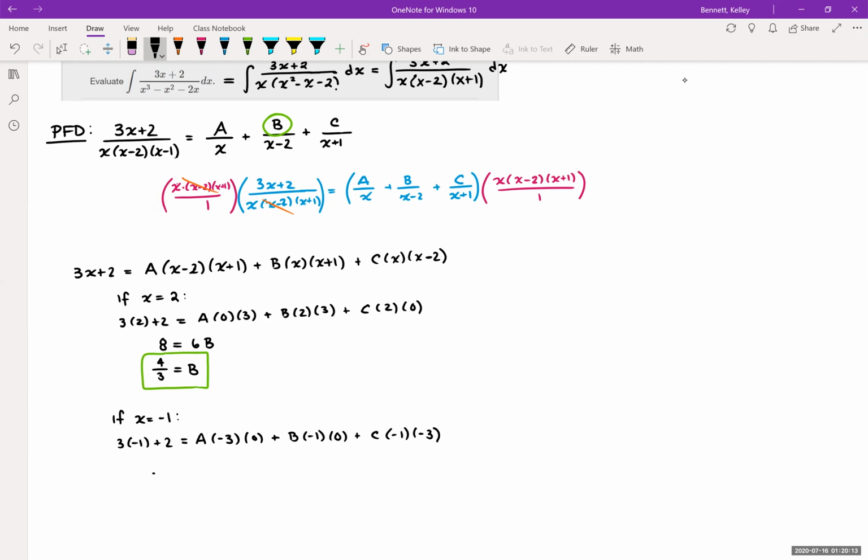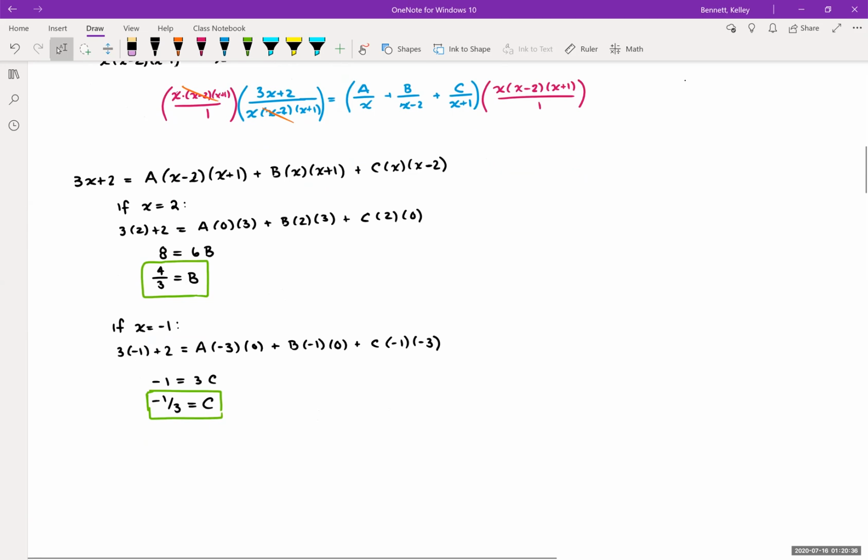So now I get -1 equals 3c, so -1/3 equals c. And that's another need-to-know value, right? Because I need c right there.